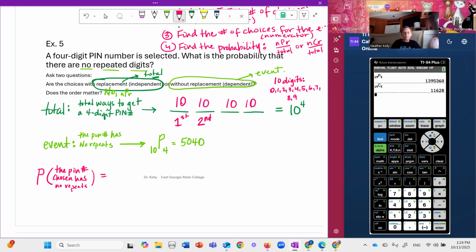So when we put that together, we have 5040 over 10 to the 4th power. That's going to give us 0.5040, which is 50.4% chance that the PIN number has no repeats.